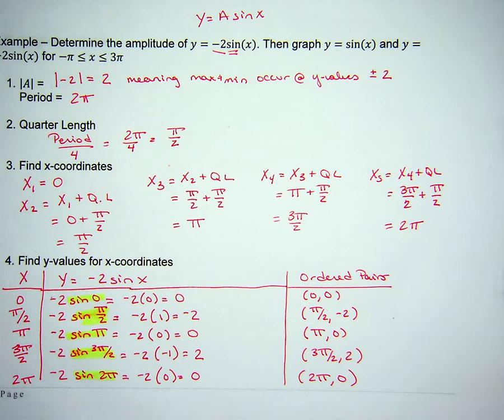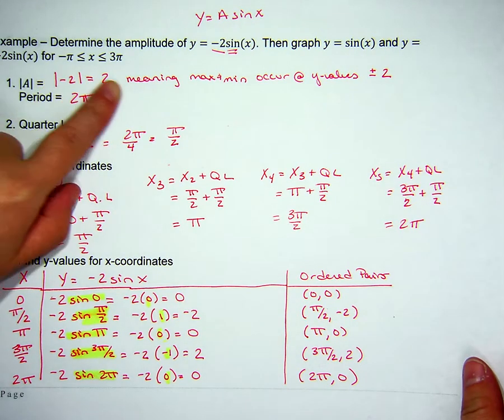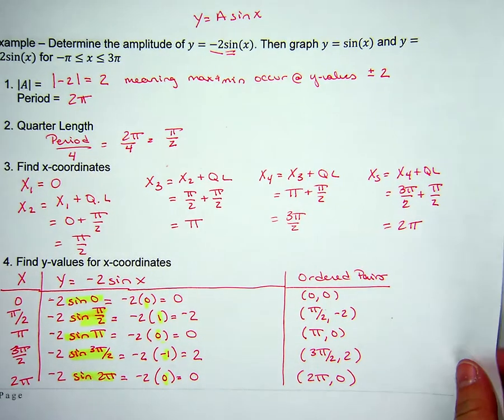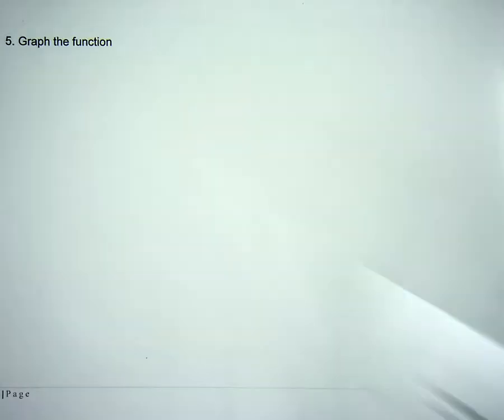All we're going to do now is graph our function, but notice what this says. It says extend, basically go from negative pi to 3 pi. Alright, so we're going to graph our function.